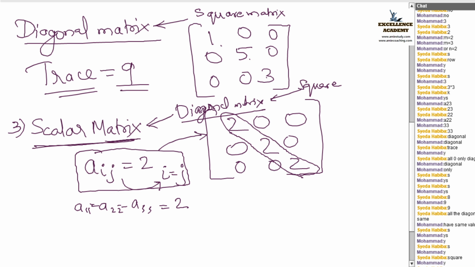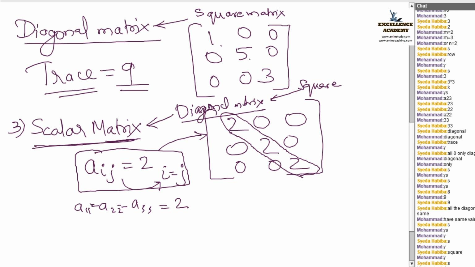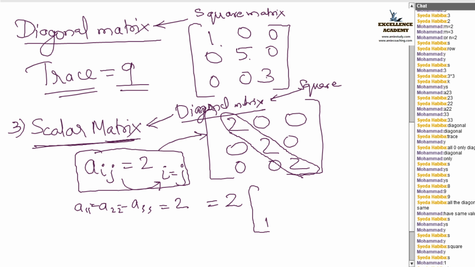Therefore, if I am taking 2 outside, what will I get inside? It will be 1, 0, 0, 0, 1, 0, 0, 0, 1.